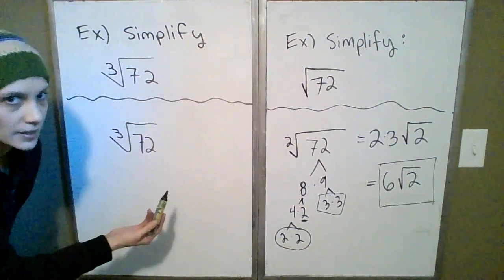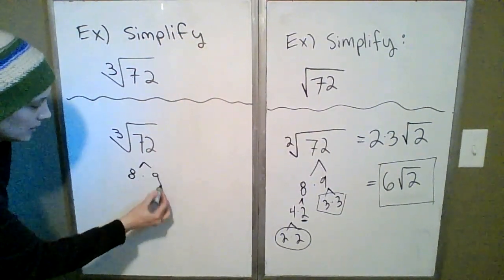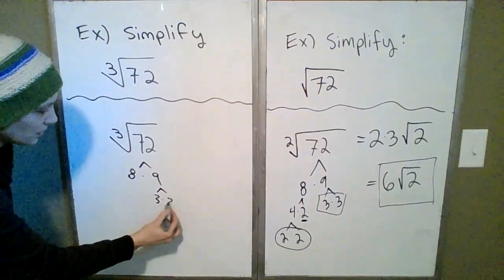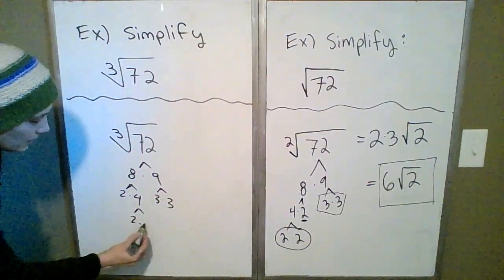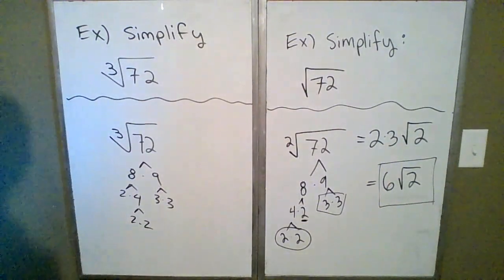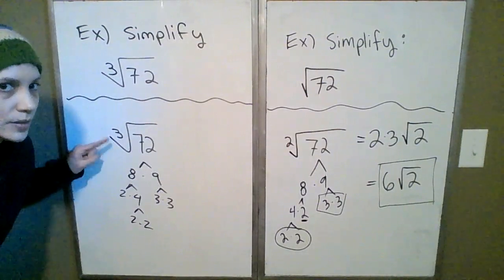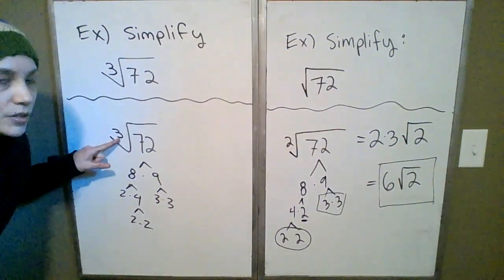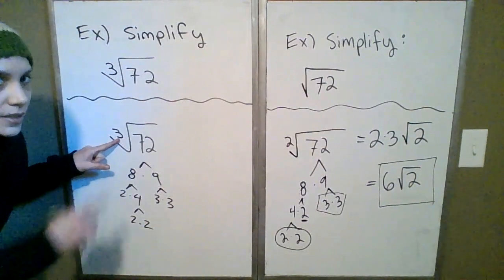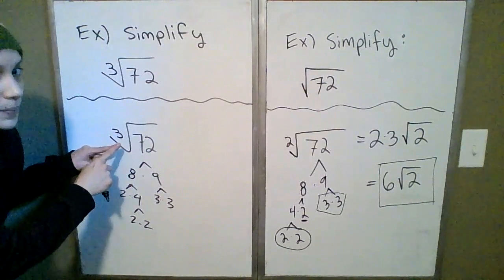So we're just going to factor it the same way. 8 times 9. 9 is 3 times 3. 8 is 2 times 4, which is 2 times 2. If I were in the math lab helping someone with this problem, I would say, you've got a cubed root, so you want 3 of the same factor, and then that number comes out of the cubed root.